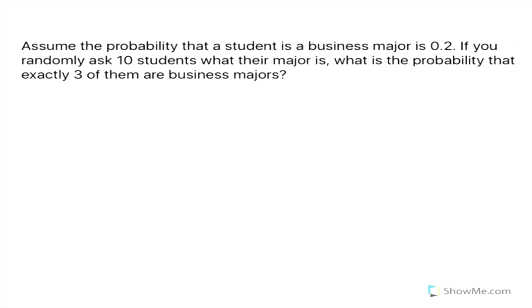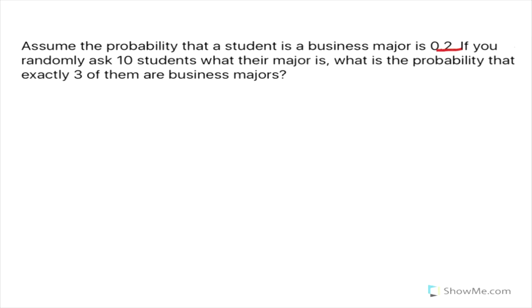So now we're going to look at two examples of using the binomial distribution. Our first question is, assume the probability that a student is a business major is 0.2. If you randomly ask 10 students what their major is, what is the probability that exactly 3 of them are business majors? So first we need to identify all of the parts of our formula.